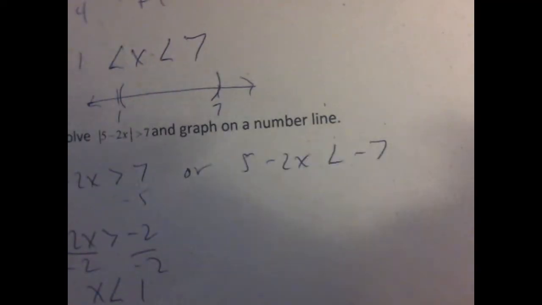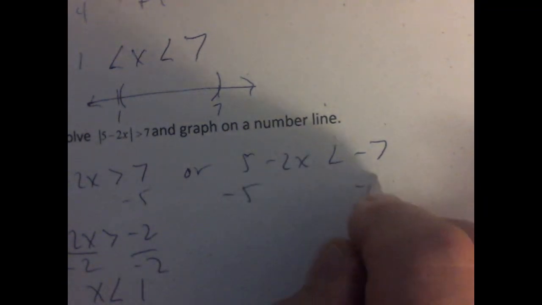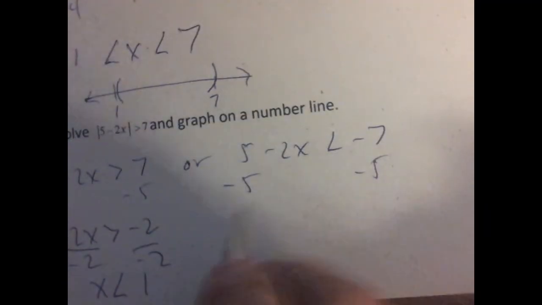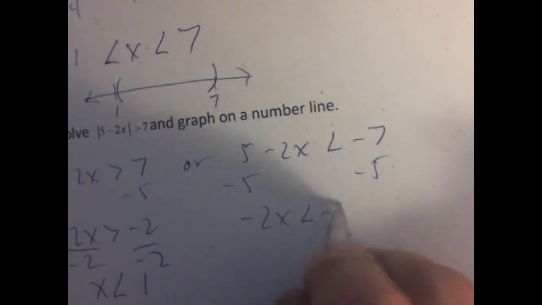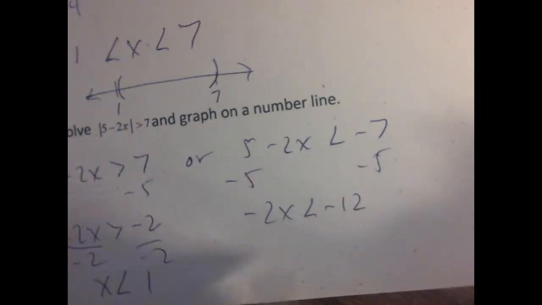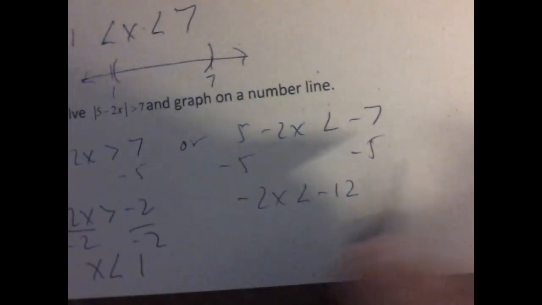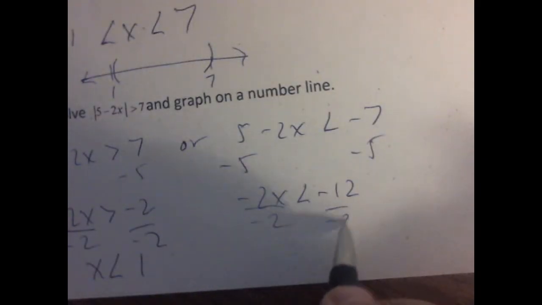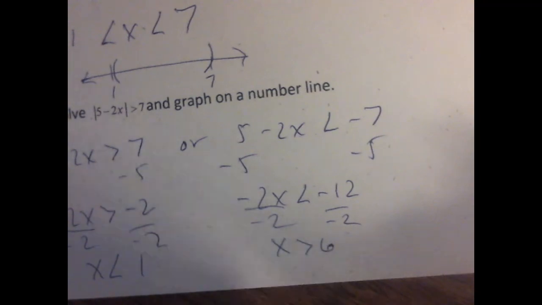On the other side, subtract my 5. Watch your signs here. Remember, when the signs are the same, just add and keep the sign. Oh, and I forgot to graph this on a number line. Sorry about that. I'll graph them both when we're done. Divide by negative 2. Reverse the inequality symbol, so x is bigger than 6.